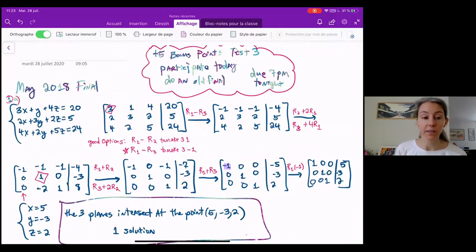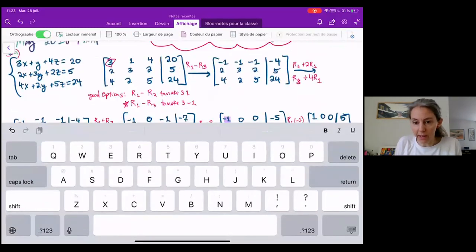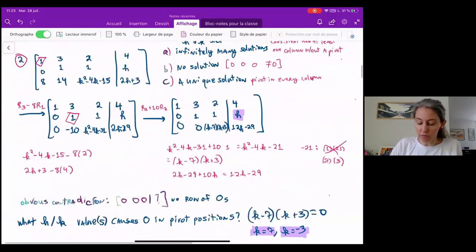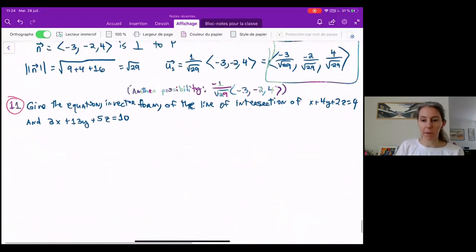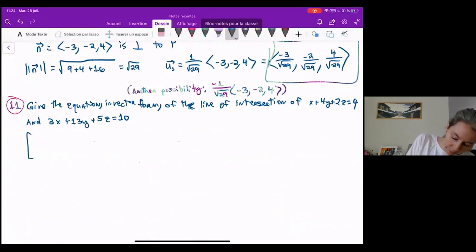It's just asked a little bit differently. What did I do when I solved this? I put it in a matrix and I solved. I found the intersection of the 3 planes. Well, now I want to find the intersection of these two planes. How do we find the intersection of the two planes? We stick them in a matrix and we row reduce. So this is the same as 1A. It's just asked a little bit differently to make sure that you understand the vocabulary.